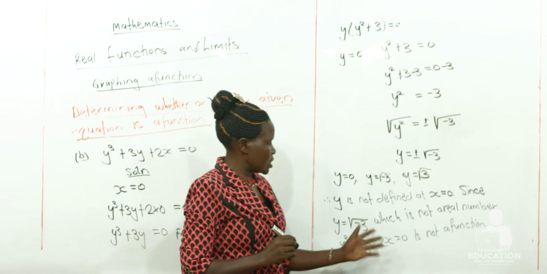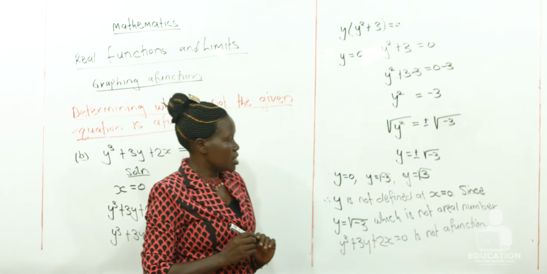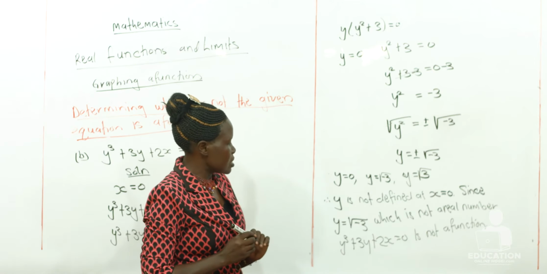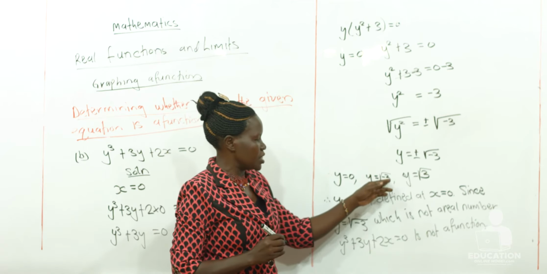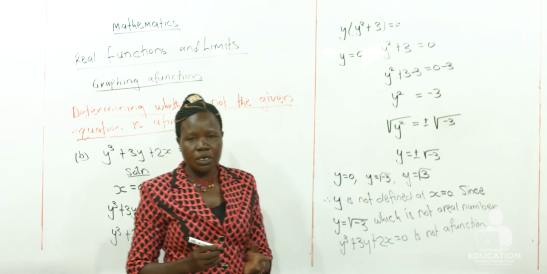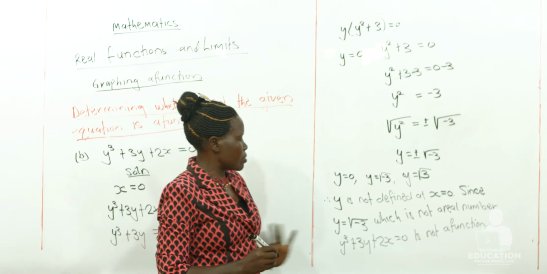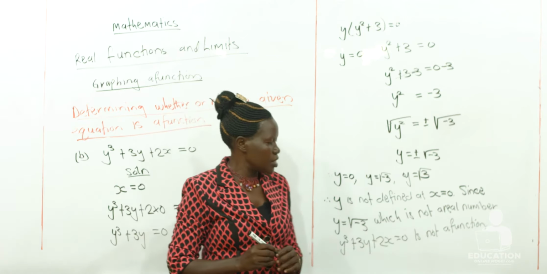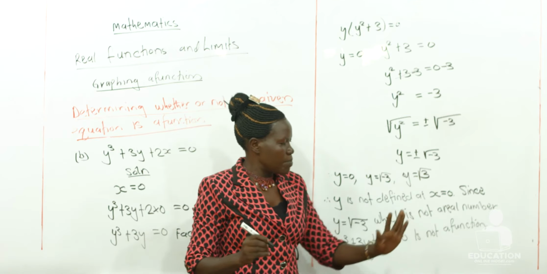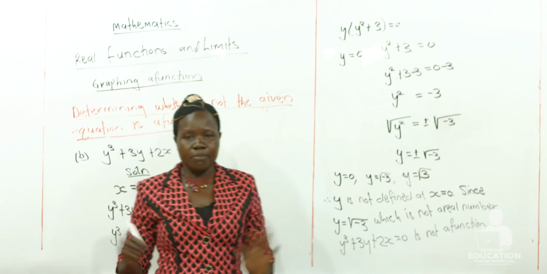Then we can say the equation is a function. But a situation where you find, in case of this, negative roots are not considered to be real numbers. When you look at complex numbers, we have real parts of a number and imaginary parts of a number.